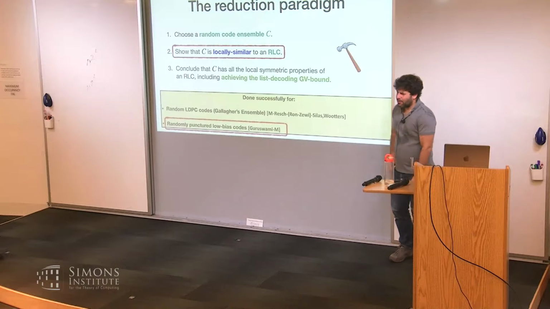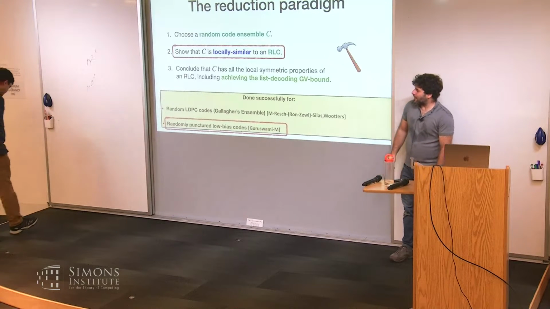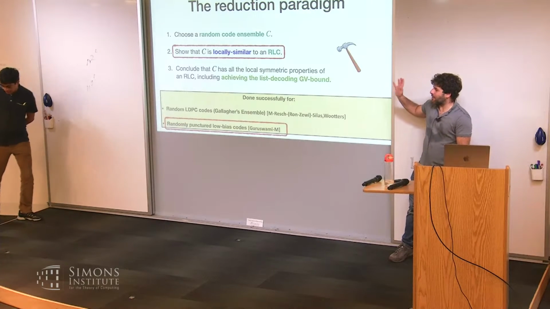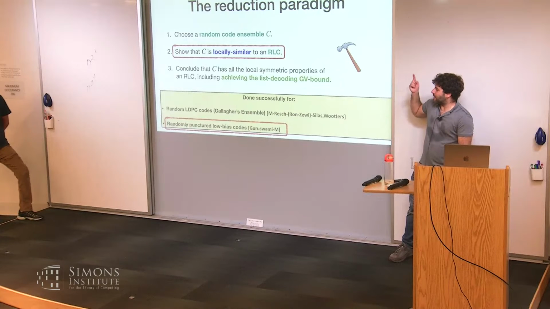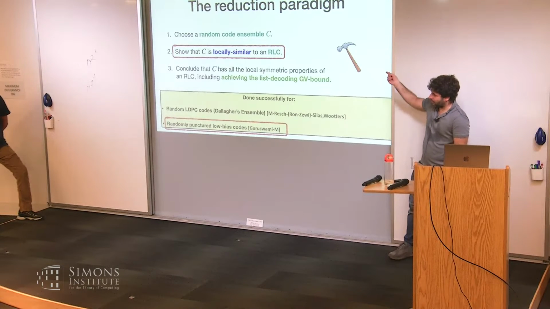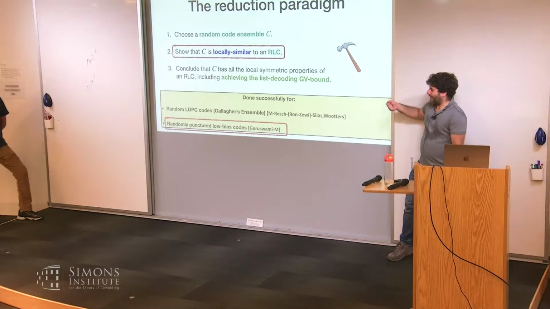Maybe I'll say one more thing: when you let Q be large, this method specifically doesn't work. But when you allow Q to be large and take the analog of this method that we're going to talk about tomorrow, that does work, and then it's actually easier, because entropy is much easier to work with.